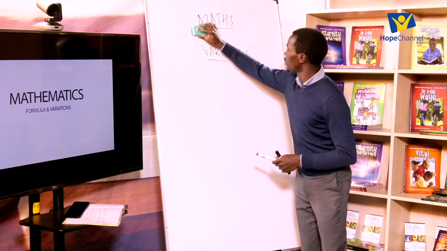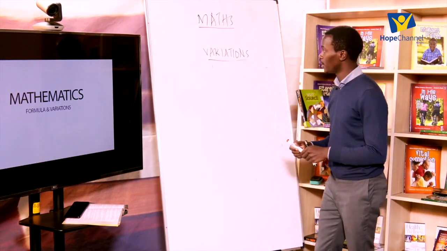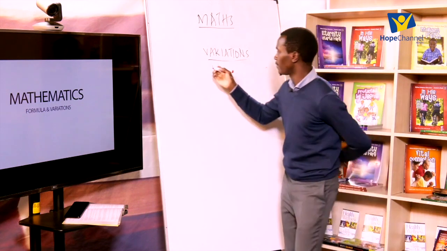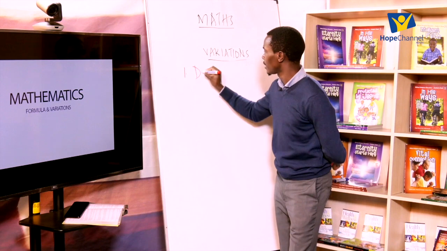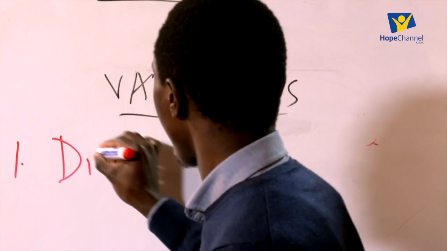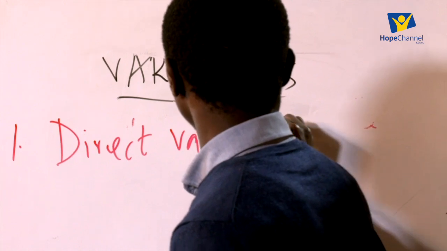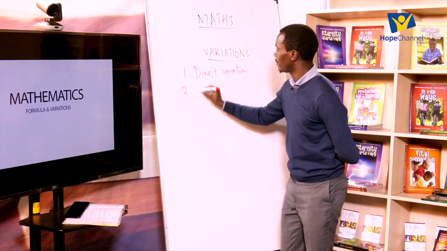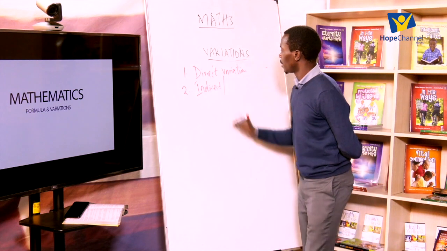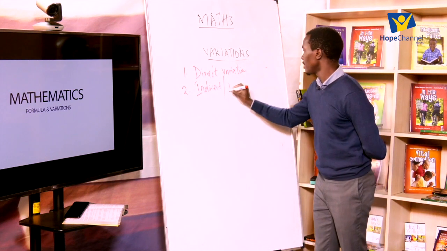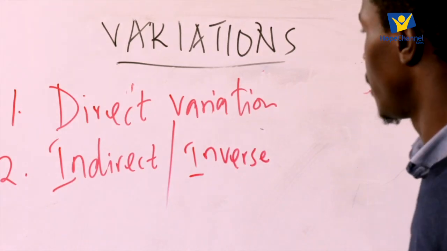And the first variation that we're looking at, there are quite a number. So the first variation that we're looking at is direct variation. But before that, let me list quite a number. Number one is direct variation. Number two, we have indirect, which is also known as inverse variation.